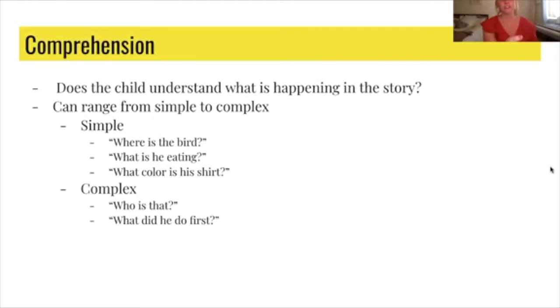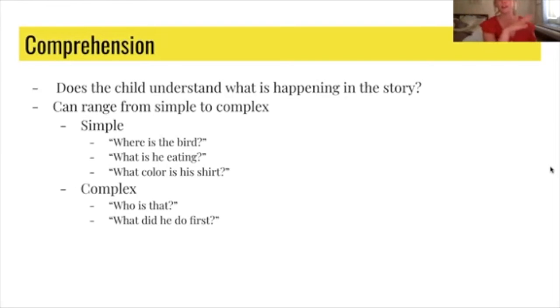With an inference, which is where we're getting with these more complex questions, you have to be able to combine the clues in the text with your background knowledge. Usually kids don't necessarily have the hardest time finding the clues. Usually it's a problem with the background knowledge. They've just never experienced that before.